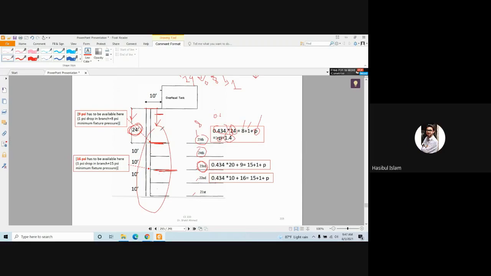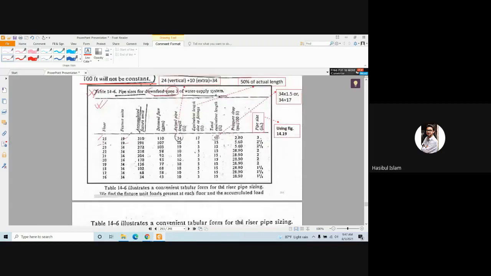Yes, sir. So look at this. At the 25th floor, zone 3 is from the 16th to the 25th floor. So the accumulated fixture unit at the 25th floor will be 1, 2, 3, 4, 5, 6, 7, 8. So 8 into 34 plus 2 into 19. That is 310 fixture units.